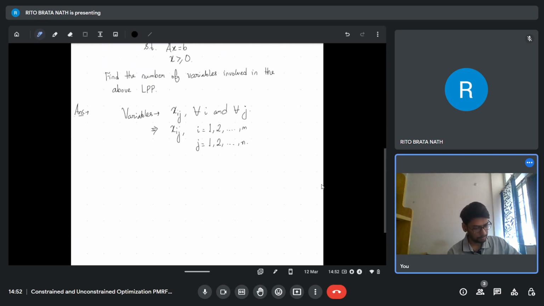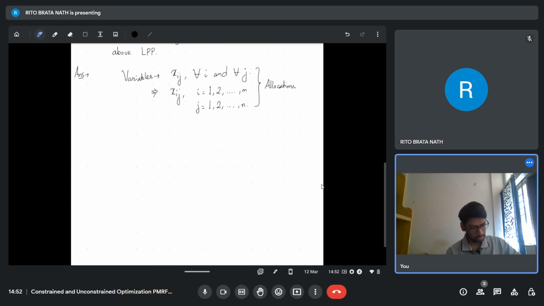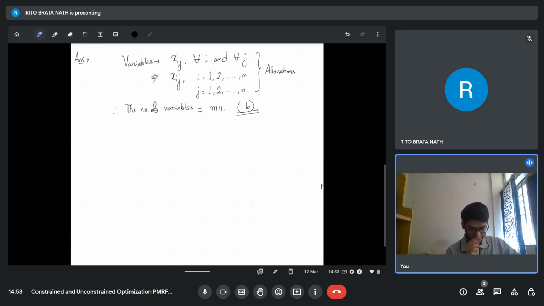So these are basically the allocations. So you have m times n number of variables. Therefore the number of variables is m times n, so that's the answer. That's pretty easy.